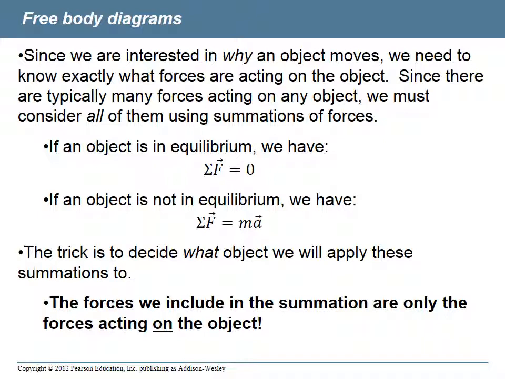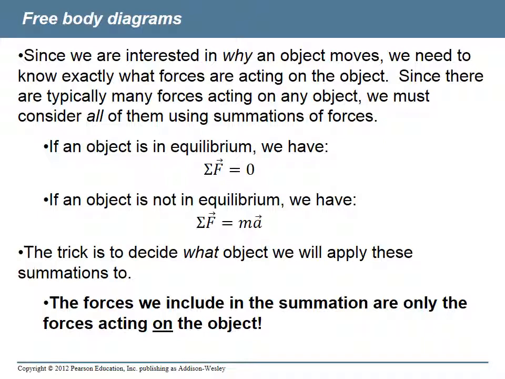But the trick to solving these free body diagrams is finding out what object we need to apply these summations to. We have to practice getting that out of the information given to us in the paragraph. We also need to be very careful that the forces we include in the summation are only forces that act on the object.